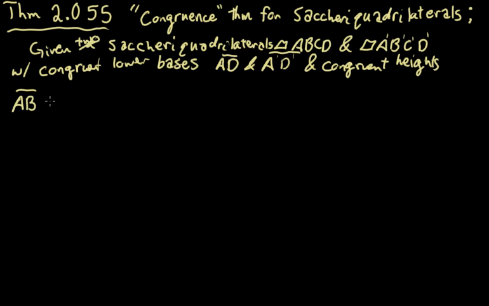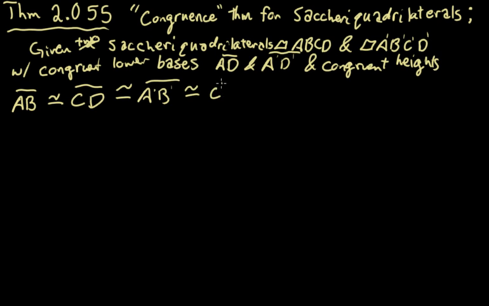AB congruent to A prime B prime, and the other height would be, let's see, actually, let's say AB congruent to CD, congruent to A prime B prime, congruent to C prime D prime.